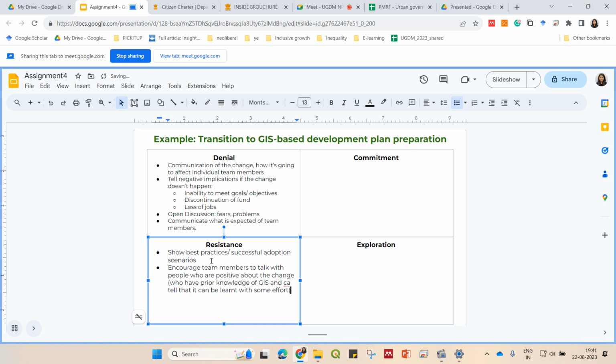Okay, so your team might have some people who have some prior knowledge of GIS, maybe not working enough knowledge that they can actually start integrating GIS-based development plan preparation, but they can tell the other people that it is something which can be learned. They just need to put in a little effort. Maybe they can tell them that having this skill might actually be good for them. They might upgrade their skills by being a part of this change.